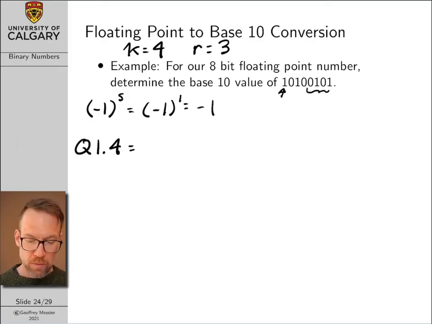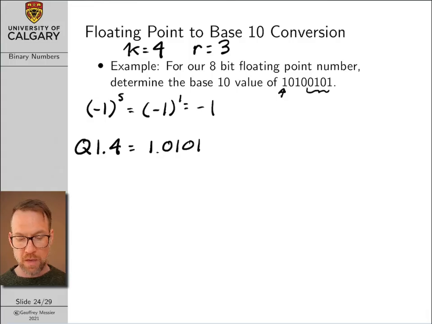And so this is equal to 1.0101 in binary. These fractional bits are what's stored in the actual floating point number, and this single integer bit equal to 1, again, that's understood, so we don't store it.